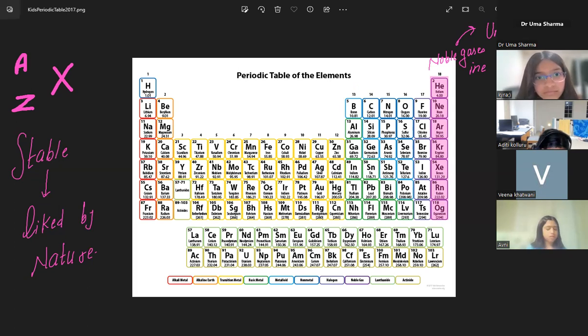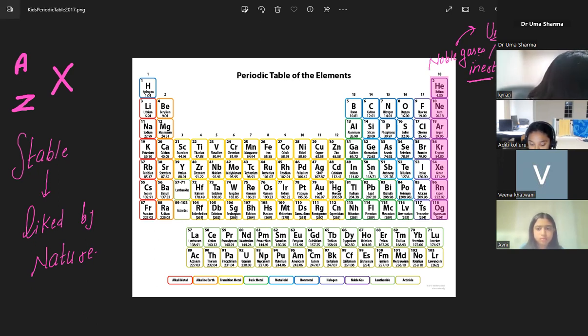Okay. Inert gases. They are also called inert gases. Noble gases, inert gases, unreactive gases. But these are the names, noble gases and inert. Inert means, what can be the meaning of inert? Unreactive. Inert means unreactive. Aditi, is it okay? Aditi, keep asking your questions. Okay, don't hesitate, my girl.